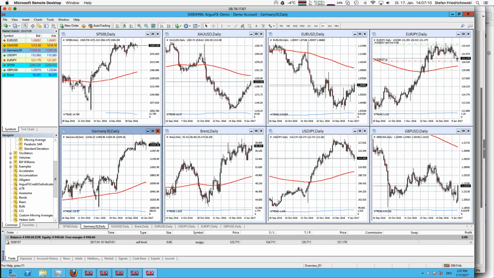Those 4 different forex pairs stand for the real majors. So those currencies which really have a high liquidity, high volume, and high interest for other traders as well. So they are our 4 major currency pairs, forex pairs here.